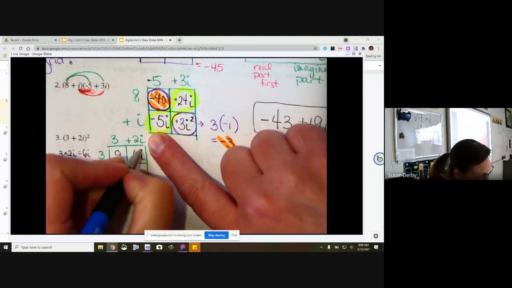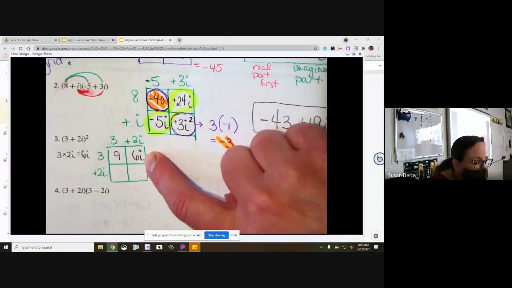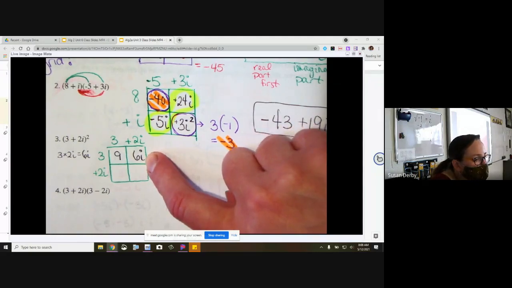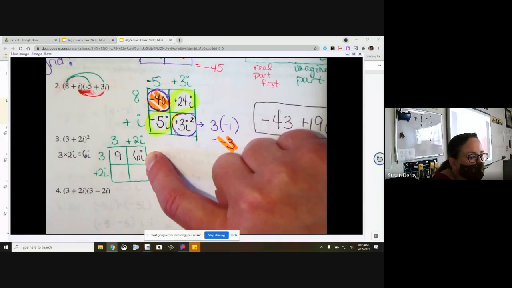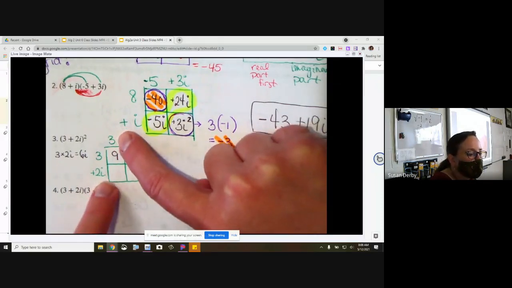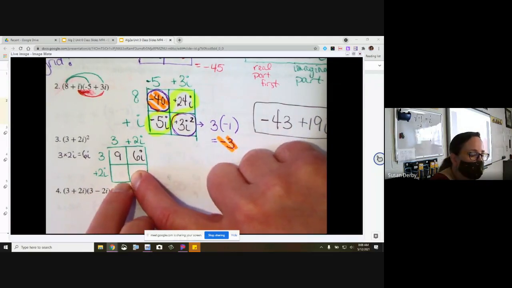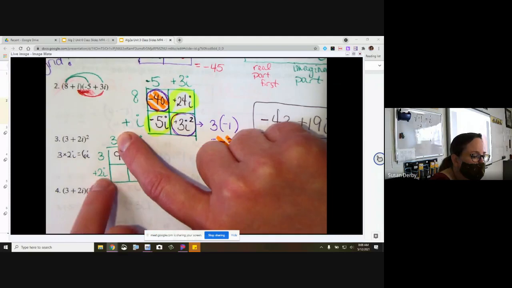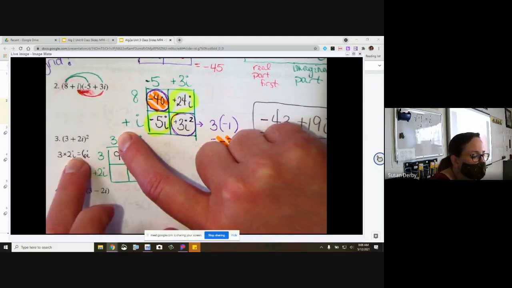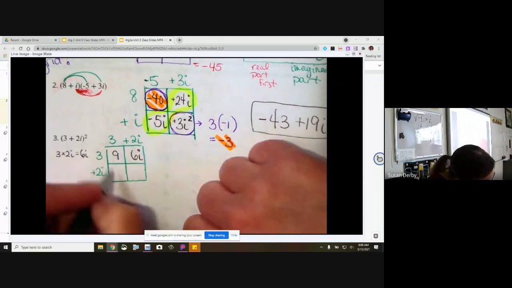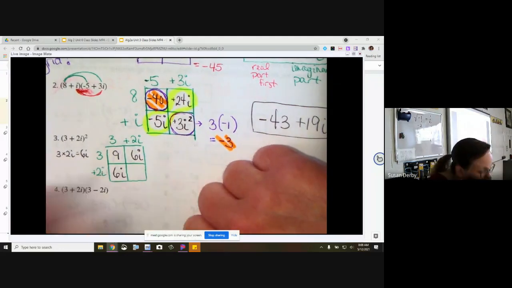So 6i is what we're looking at in our upper right-hand box. Multiplying our columns down, we'll have the same value here too, because we have 3 times a positive 2i. 3 times 2i is still 6i. So I've got another 6i going on here.